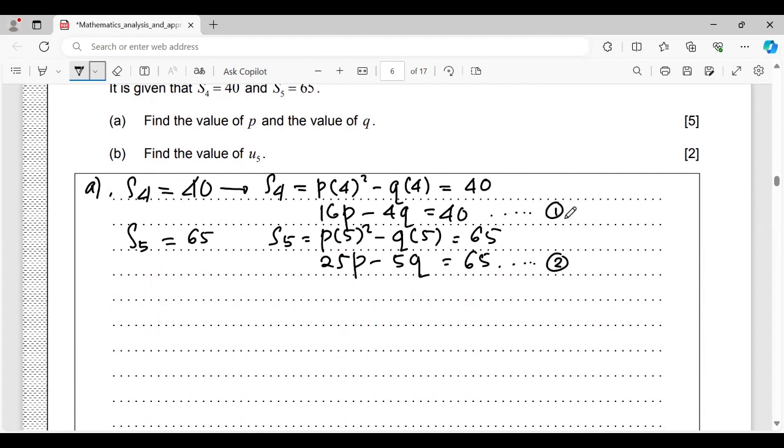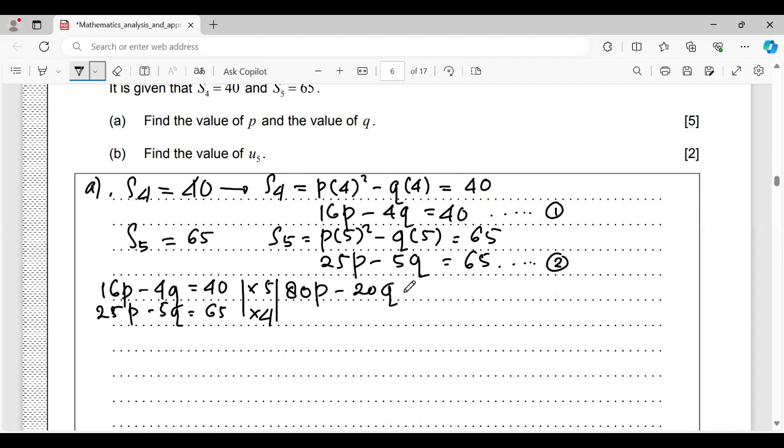From the first equation and second equation, 16p minus 4q equals 40, 25p minus 5q equals 65. We are going to eliminate q. So multiply by 5, multiply by 4. It becomes 80p minus 20q equals 200.